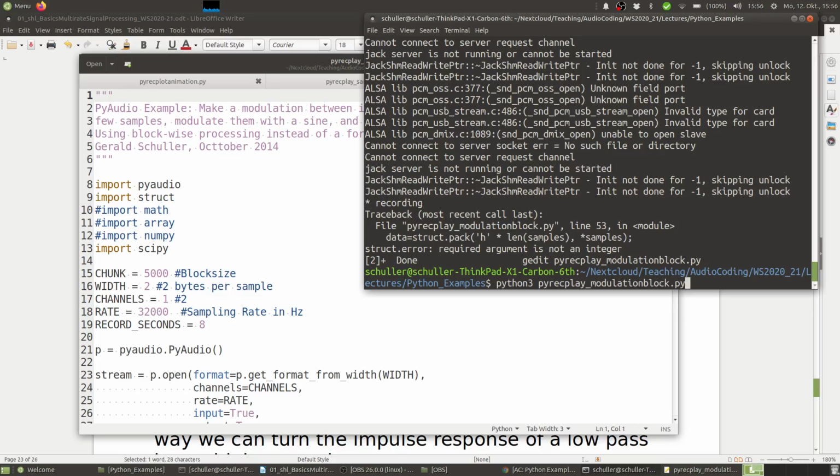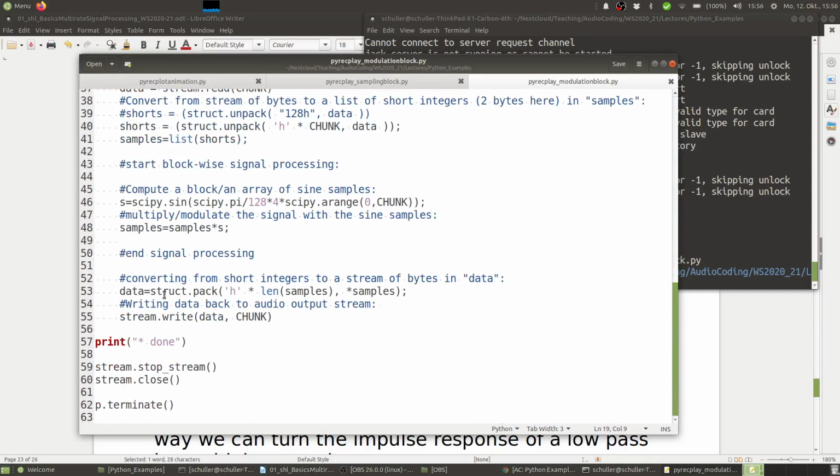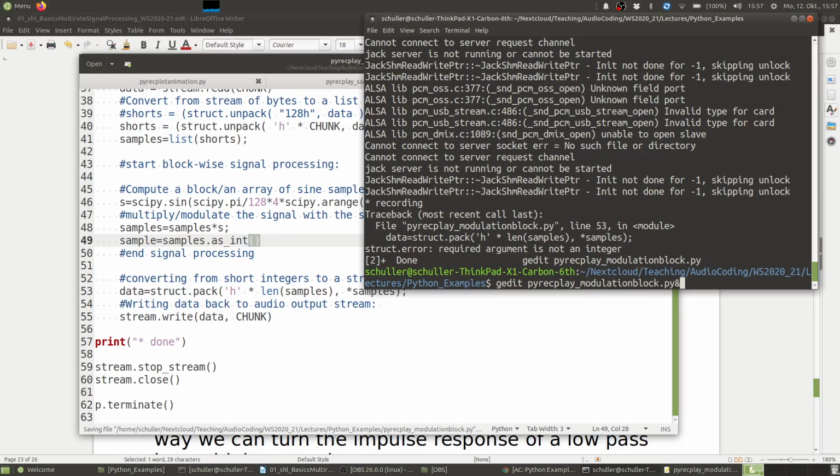Okay, so this is again a case of not really compatible with Python 3. So let me open it, gedit. Oh no, it's already open. I don't need to open it. Yeah, so here samples equal samples dot as type int, I think. First we need to turn it into an integer.